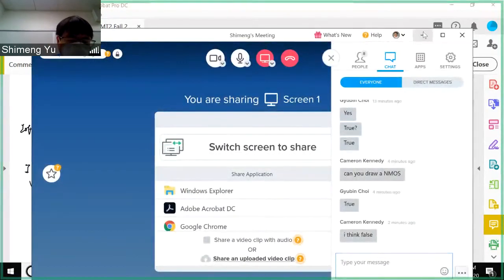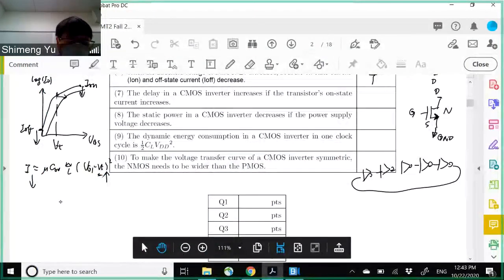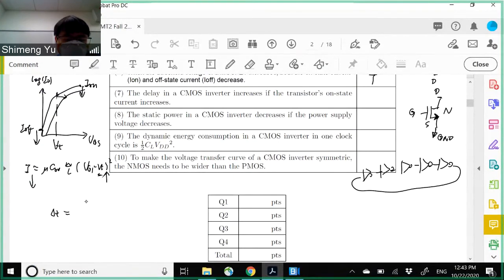So any delay, if you recall, like delta T is due to the charge delta Q, which is C times voltage, for example VDD, to the first order. And then 2 times of the I average. This is a definition of the tp. And then to the first order, we see it is the on current.